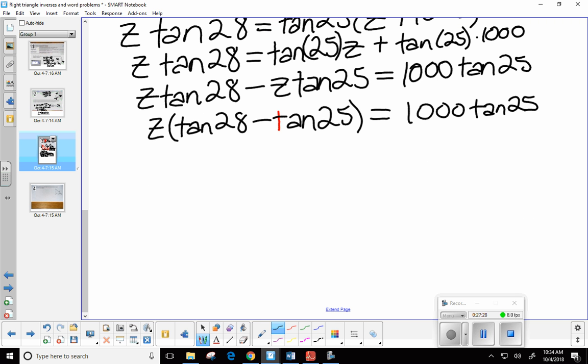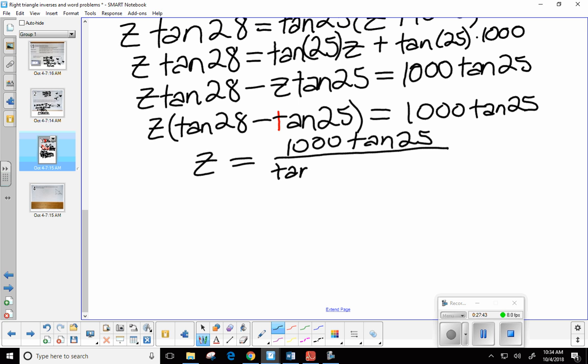And then we'll divide the tangent 28 minus tangent 25 to the other side, so that way z can finally be by itself. And so z equals 1,000 tangent 25 all over tangent 28 minus tangent 25. Okay. That part makes sense, right? We're just getting the z by itself. Just isolate it.